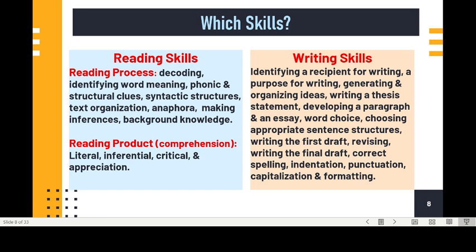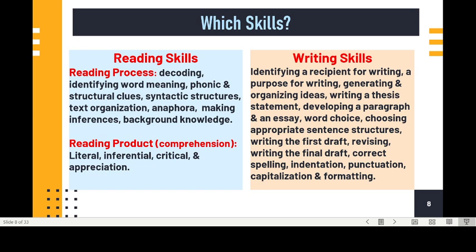Now, the writing skills are production skills. And here, when the students write, they need to be able to identify a recipient for their writing, a purpose for the writing. They have to be able to generate and organize ideas. They have to be able to write a thesis statement for the whole essay and also a topic sentence for each paragraph.